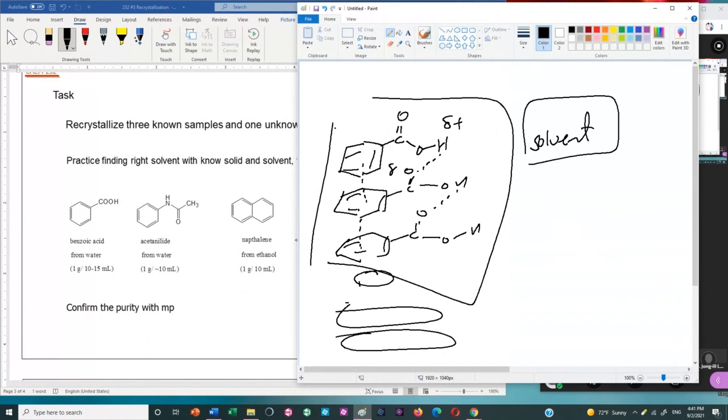Why must benzoic acid use water for purification? The test question can easily be to propose one of the best solvents for this compound. Then you need to know what I'm trying to say here.